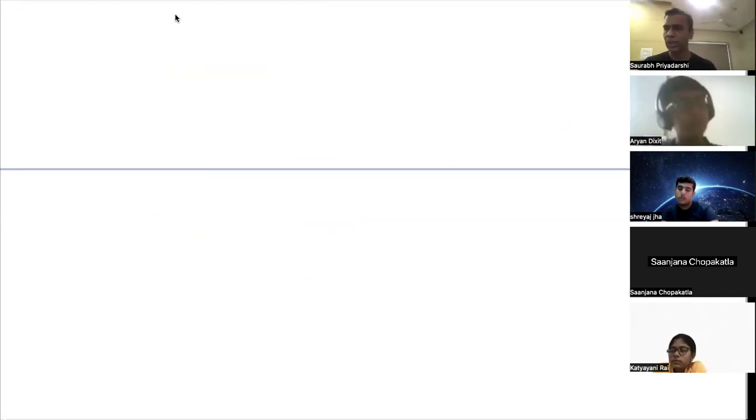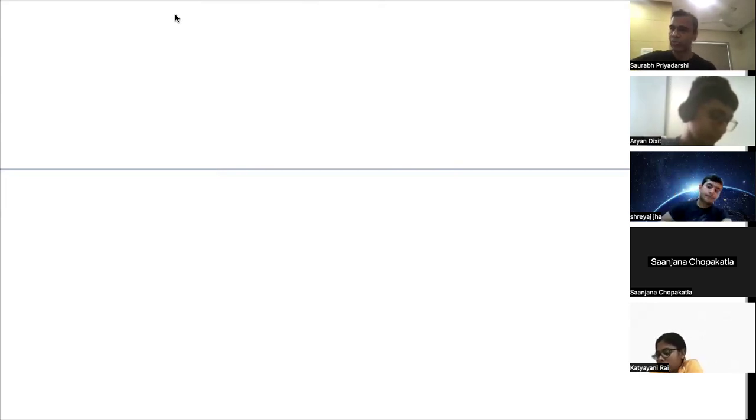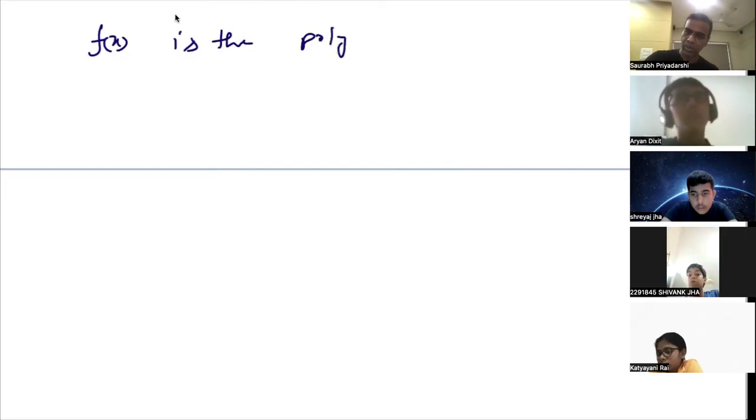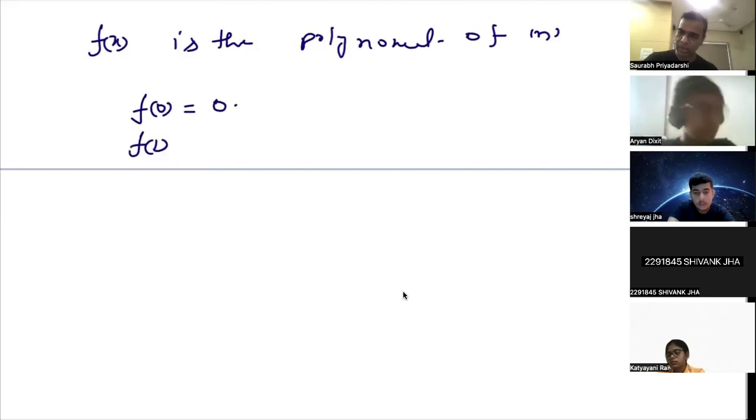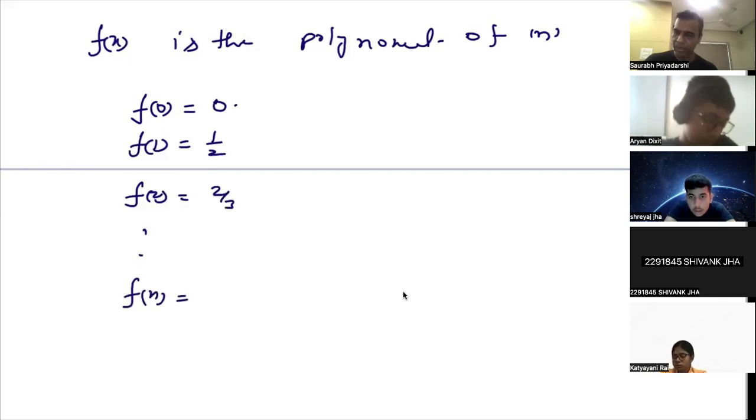In the same logic, but a little bit you have to use something. f(x) is a polynomial of degree n with leading coefficient, this time not given, right? f(0) is 0, f(1) is 1 by 2, f(2) is 2 by 3, up to f(n) is n by n plus 1.